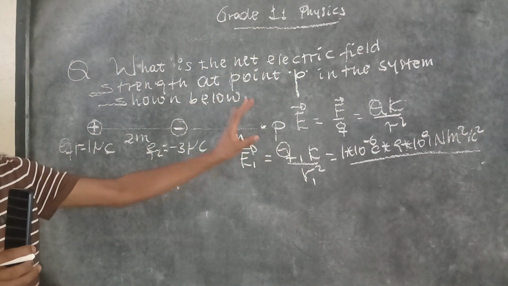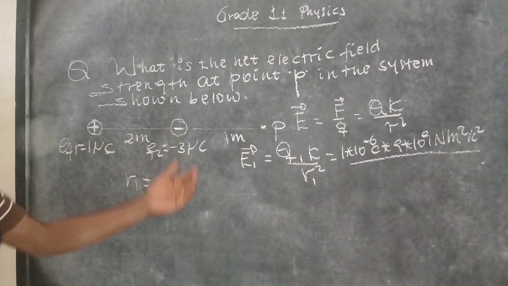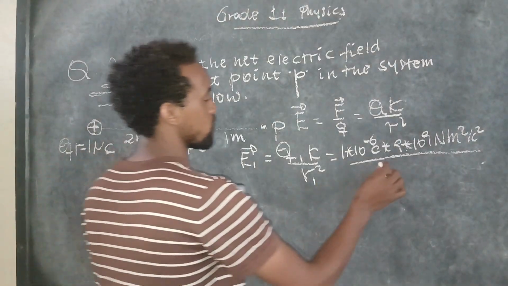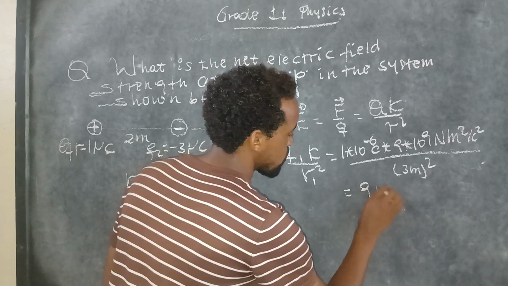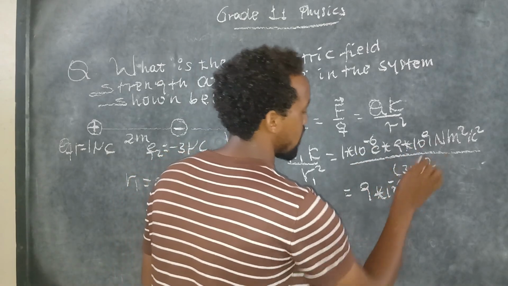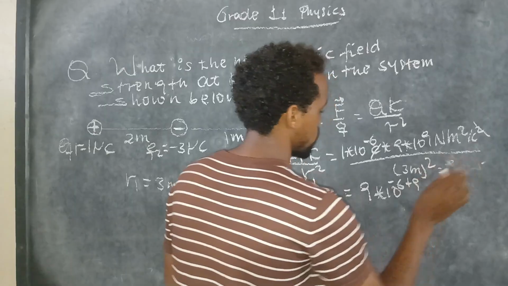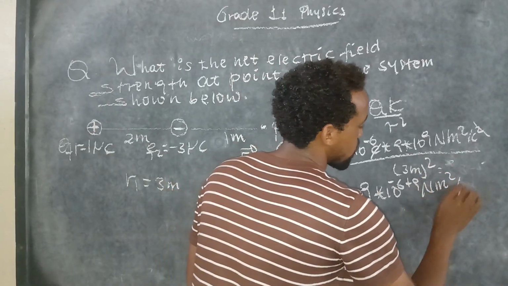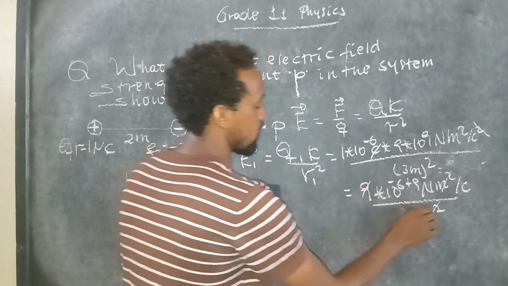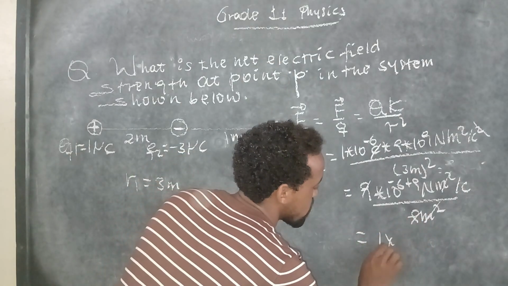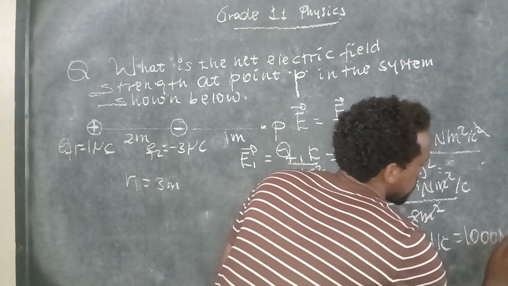Because we know that the electric field is a region around this charge where another charge may feel a repulsion or attraction force, which is 3 meters squared. So that is 1 times 9 times 10 to the power of minus 6 plus 9, over 9 meters squared. The coulomb squared cancels, and 3 meters squared is 9 meters squared, so meter squared by meter squared, 9 by 9, gives 1 times 10 to the power of 3 newton per coulomb, 1000 newton per coulomb.